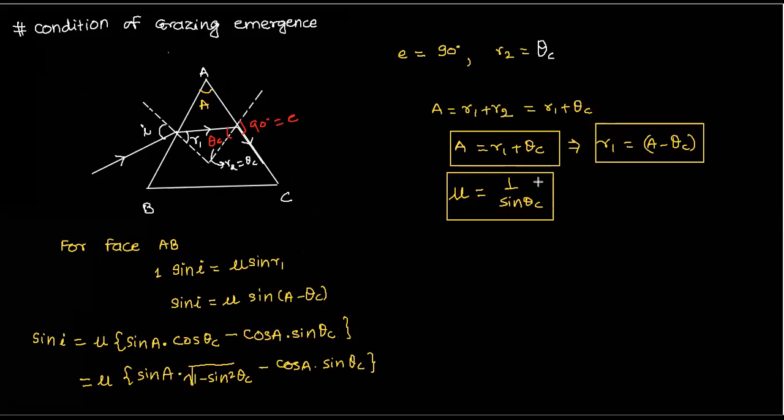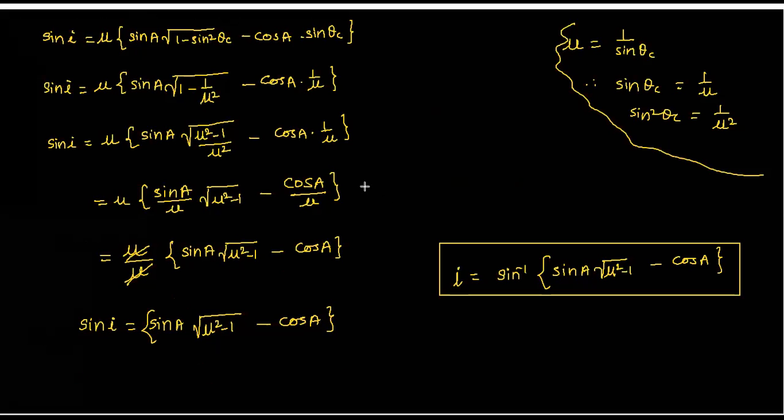Grazing emergence. Grazing emergence means the light ray will not come outside, but it will just graze the surface. Clear? So note down this.